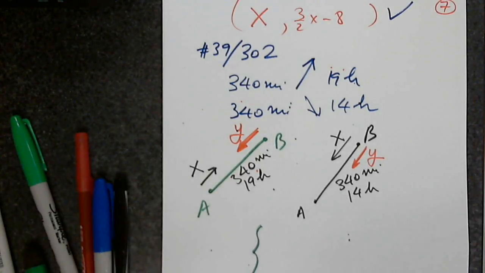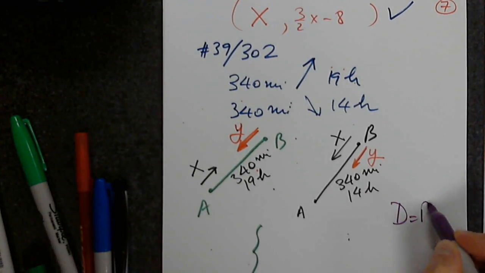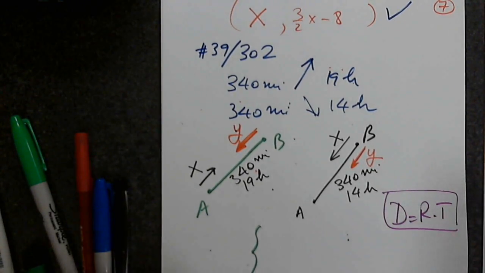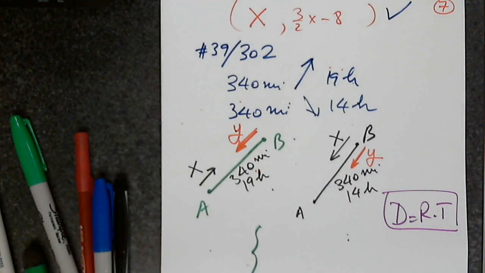But we have to assume that in this case there is no acceleration. In other words, it's a uniform motion. So what is the equation for uniform motion? Exactly. Distance equals rate times time.